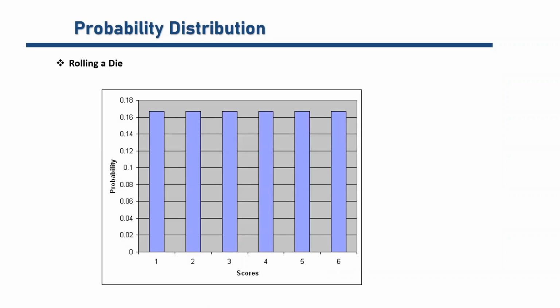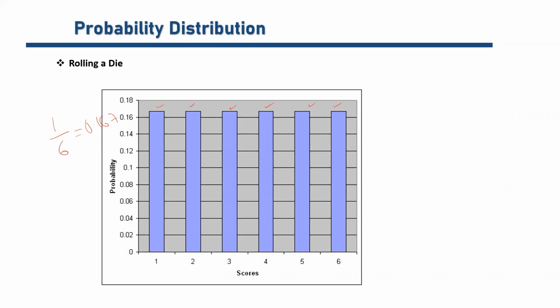Now if you look into the rolling of a die, only one die, you can have either 1 or a 2 or a 3 or a 4 or a 5 or a 6, and each of them will have a probability of 1 by 6. So 1 by 6 is the probability. In decimal, it is going to be 0.167, right?